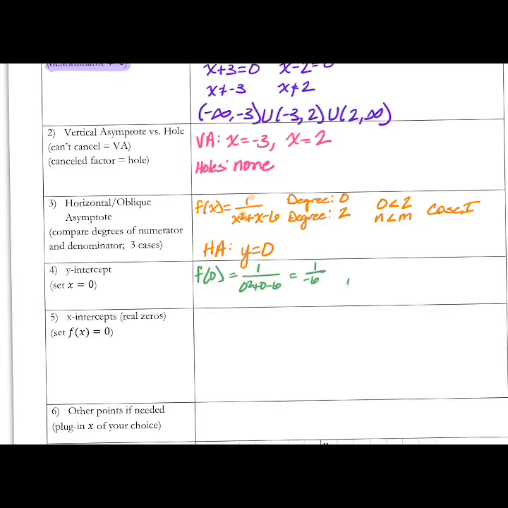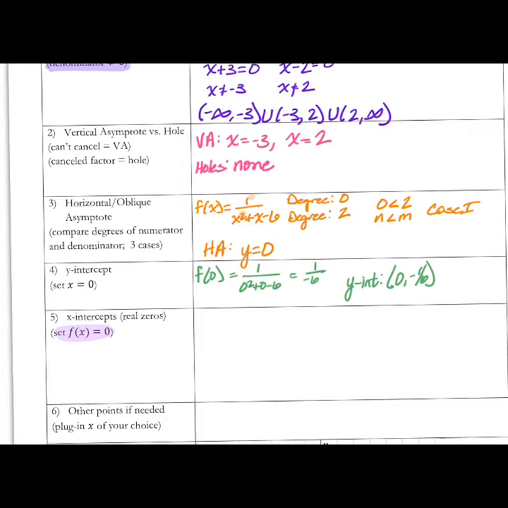So I've got a y-intercept at 0, negative 1/6. Okay? And then the next thing I need to do is find my x-intercept. So my x-intercept is where y equals 0, where f of x, sorry, where I set y equal to 0.